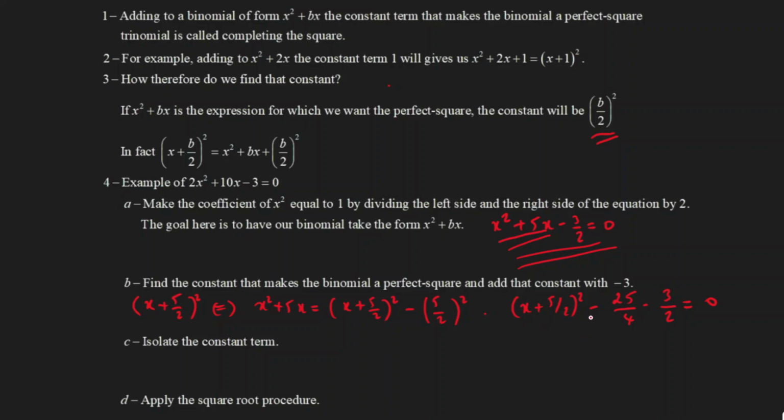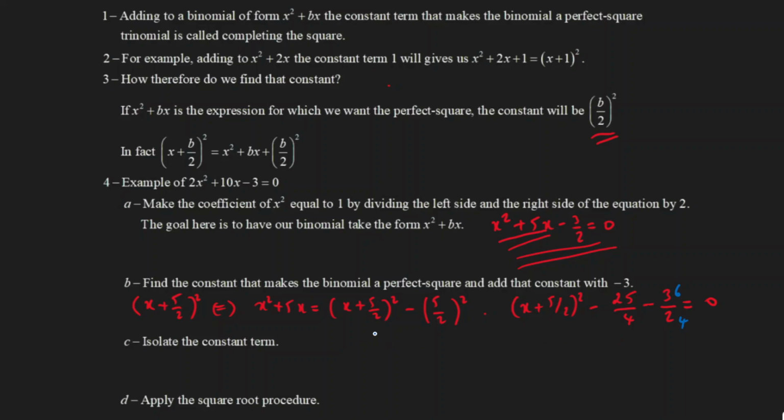Now, 3 divided by 2 could also be written as 6 divided by 4. So you can see that here we have 6 divided by 4.